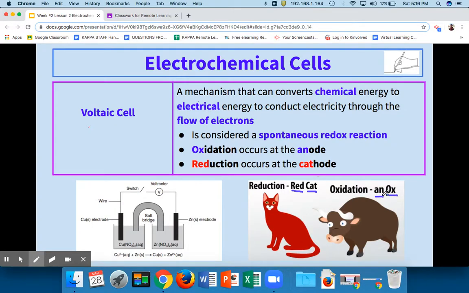So it's the beginning part of each of those words. Again, reduction happens at the cathode, oxidation happens at the anode. So if you get kind of confused, you use red cat and an ox, similar to how we used oil rig.